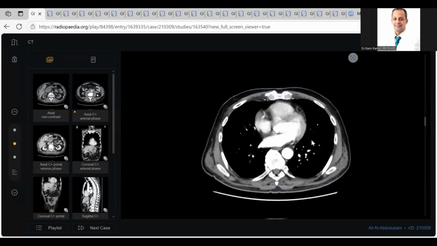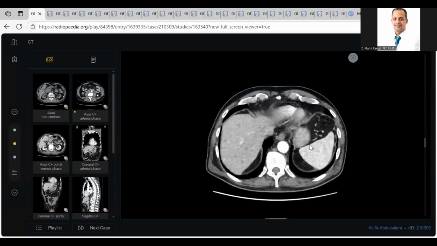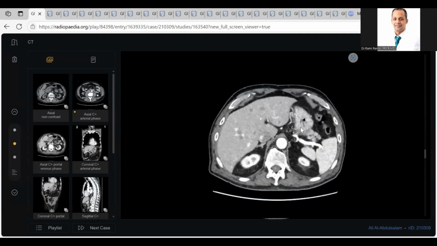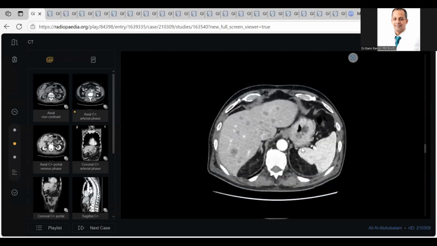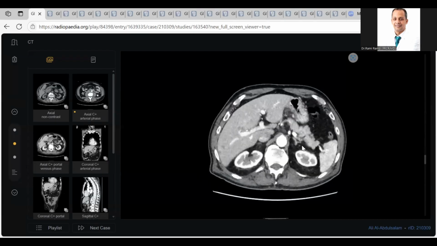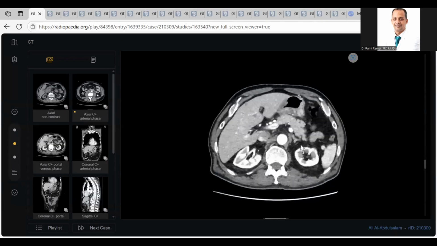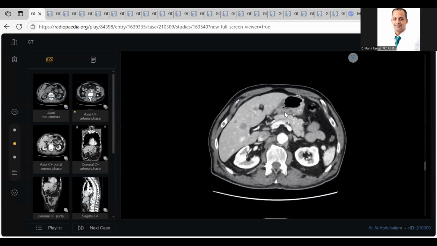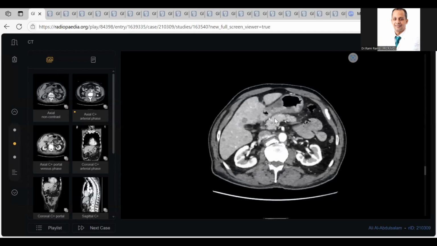So I'm going down. In the abdomen, I'm looking for the adrenals. The adrenals also seem to be unremarkable. What else? I think this is in the region of the gastric antrum.